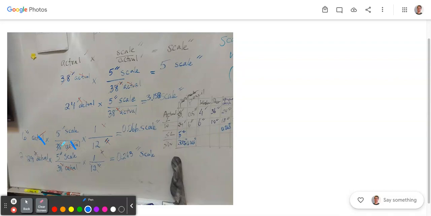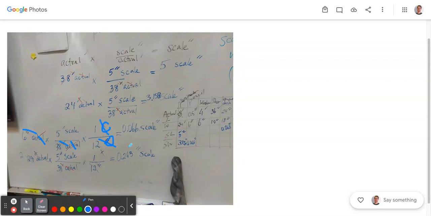Right? There's no foot on the top and bottom. There's no inches on the top and bottom. So, what are we going to have to do? We have to multiply by another scale factor. We're going to multiply by feet per inch. That way we can cancel inches on the top and bottom. We can cancel feet on the top and bottom.